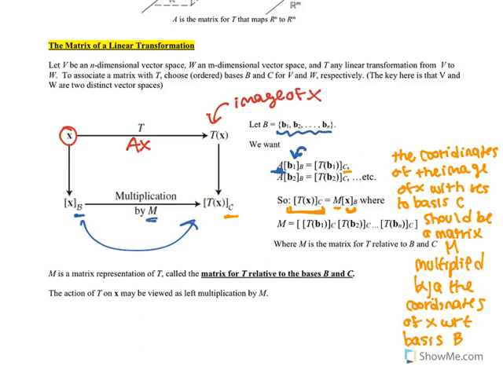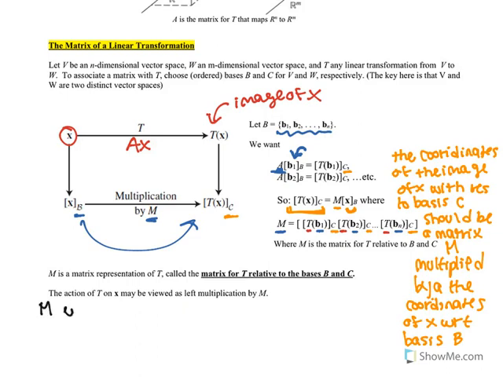We're looking for some matrix to make that jump, the transformation and the change of basis at the same time. So M is going to be made up of the columns which describe each basis vector of B transformed, gone through the transformation, and then described in coordinates C. This will achieve two things. Let me summarize.